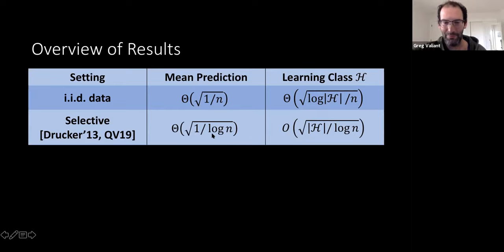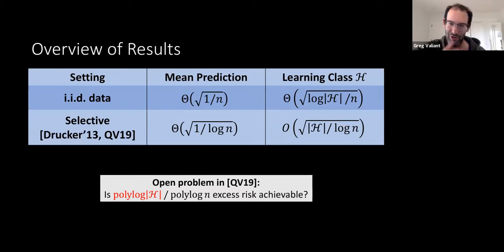And if you just push these techniques through to the selective learning setting, you get a root size of hypothesis class factor. And basically the question is, should you be able to hope for something that's maybe polylogarithmic in the size of your hypothesis class, or maybe even something better?